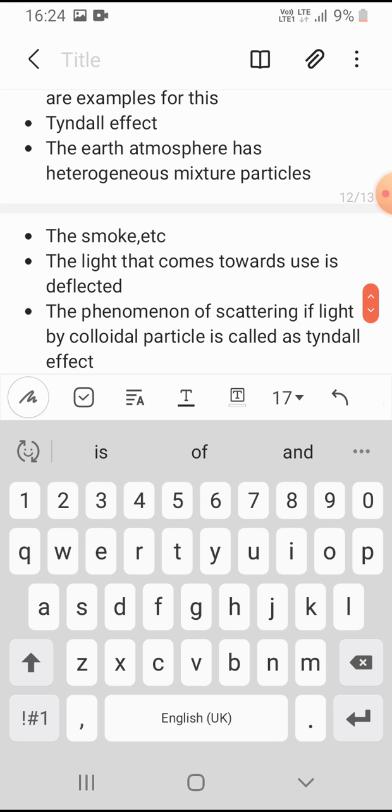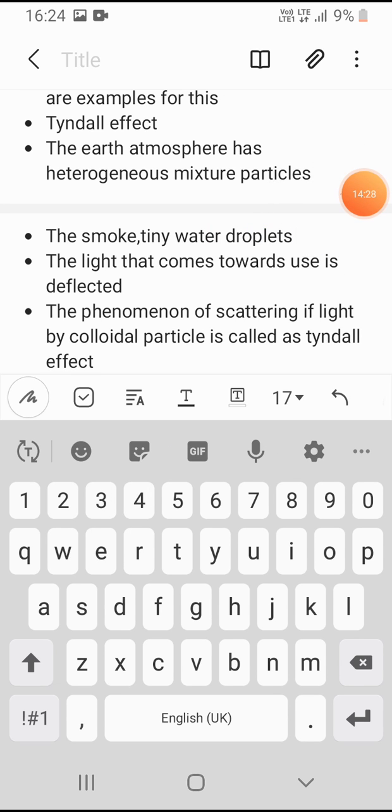If light is deflected towards us because of smoke or tiny water droplets, then we can say it is the Tyndall effect, because it is a little bit of scattering of light.